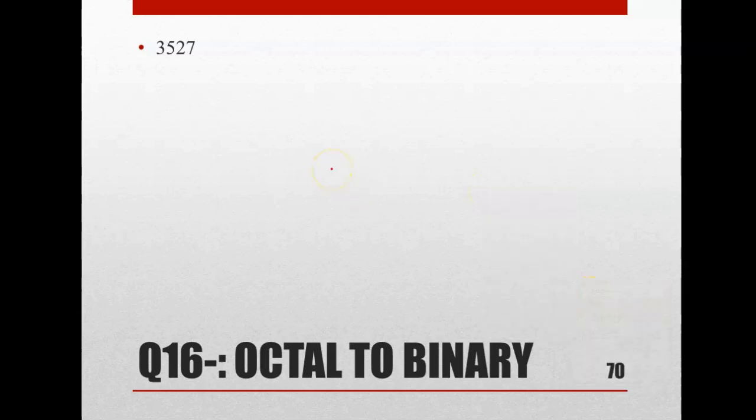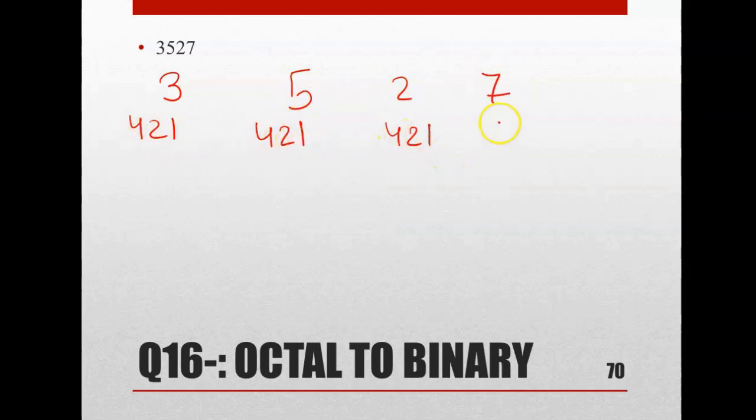So let us start with 3 5 2 7. So just separate them all. 3 5 2 7, and the same thing 4 2 1, 4 2 1, 4 2 1, 4 2 1. Okay, 2 plus 1 is 3, so this is 0 1 1. 5 is 4 plus 1, so 1 0 1. 2 is 0 1 0. 7 is 4 plus 2 plus 1, so triple 1.